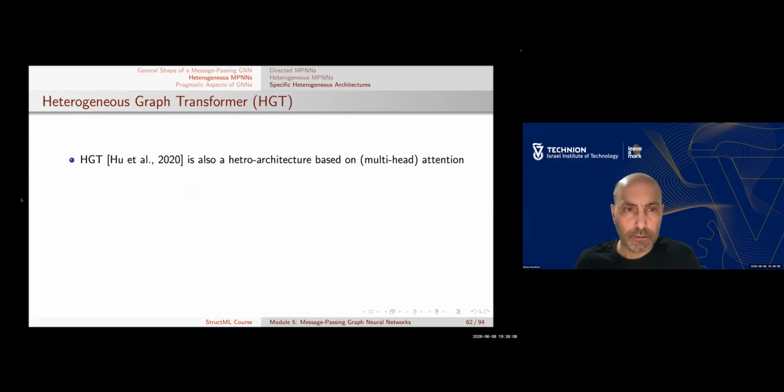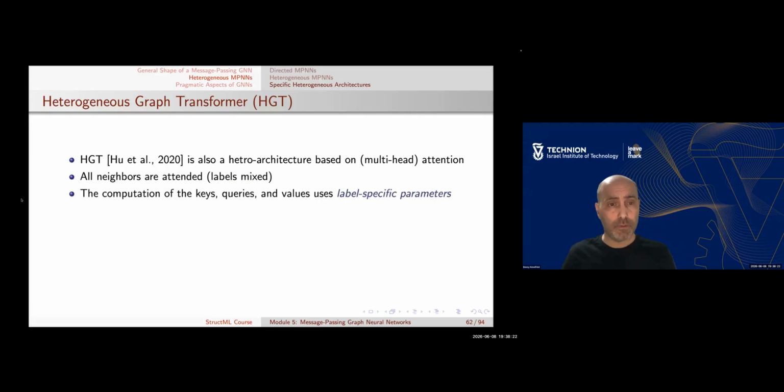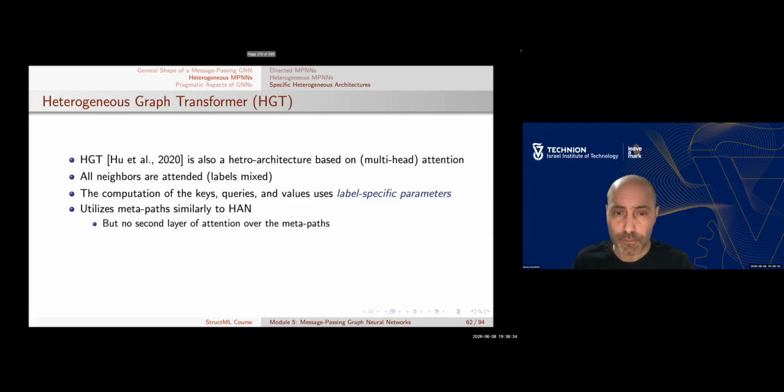Here's another architecture, AGT, based on multi-head attention. Here, all the neighbors are attended, so we are mixing nodes of different labels. But for the computation of the keys, the queries, and the values, we need weight matrices, and these are label-specific parameters.